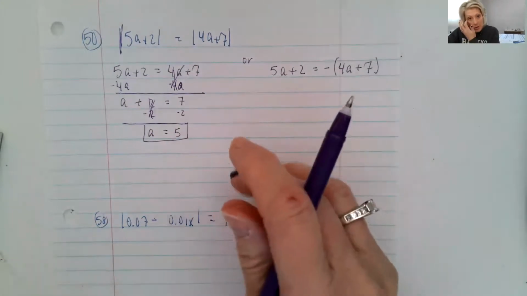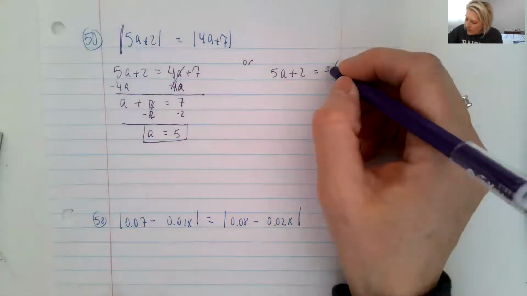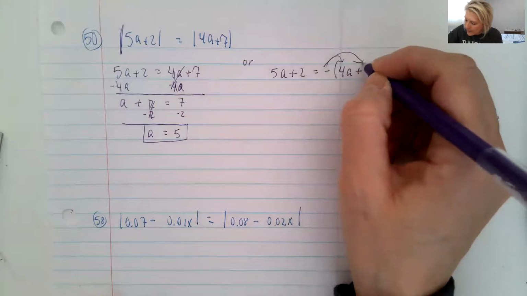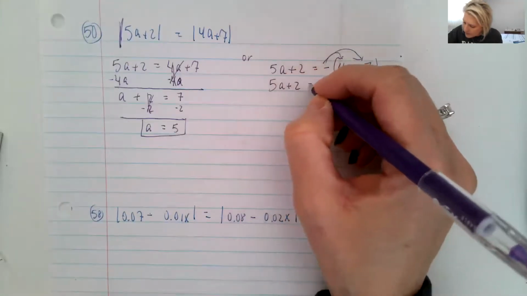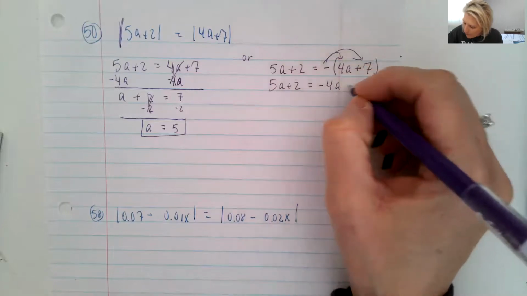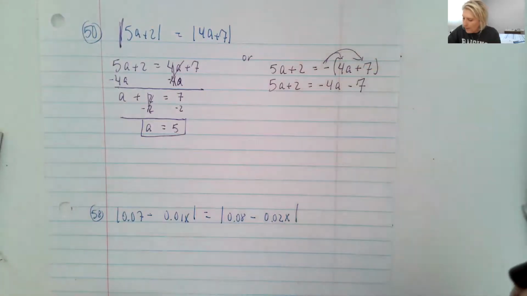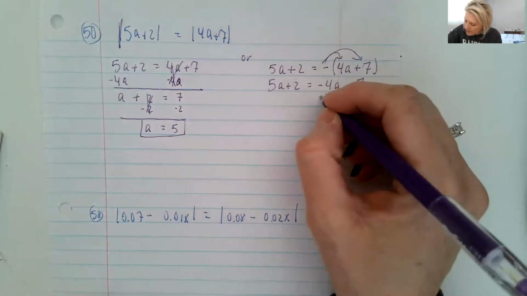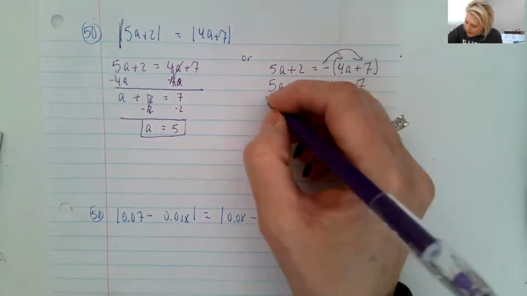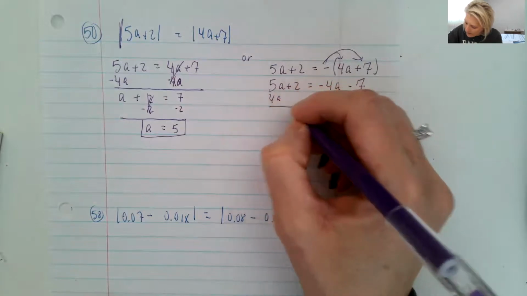Okay, now on the right hand side, we do have parentheses, so we have to distribute this negative through first. So we have 5a plus 2 equals a negative 4a minus 7. And now we can move our variables to the left, but we're going to add 4a because it was negative.